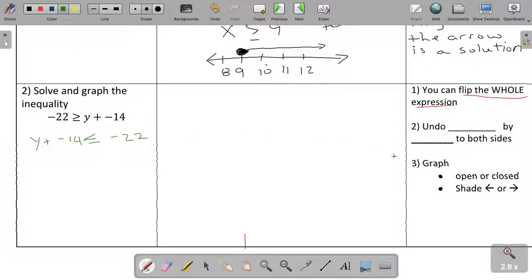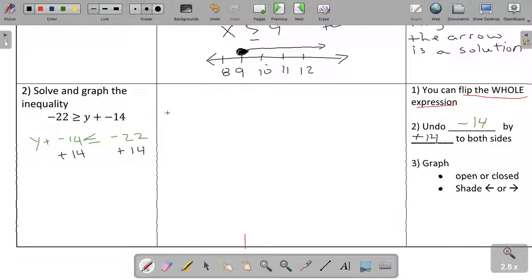Okay, now we are going to undo that negative 14 by, and how do you undo a negative 14? You do that by plus 14. Okay, so we're going to plus 14 to both sides. I'm going to do that right here. Plus 14 and plus 14.